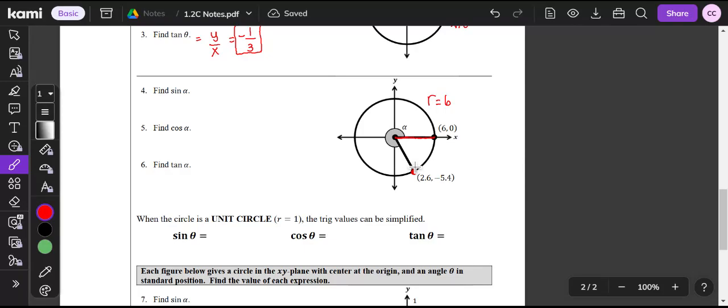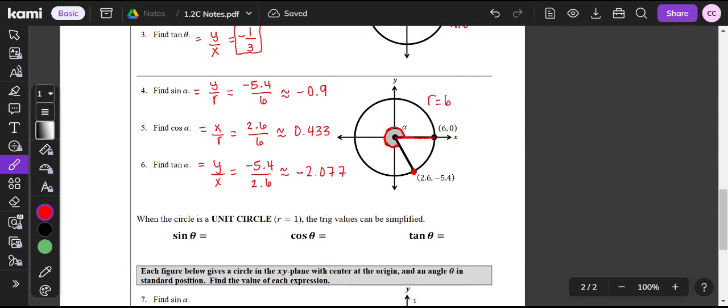Now in this case, I want to find the sine, cosine, and tangent of this standard angle here. All right, and this one's actually a little easier than the problem before. So I'm going to, again, recommend that you pause the video, let you go ahead and work through this, and I will give you the answers in 5, 4, 3, 2, 1.